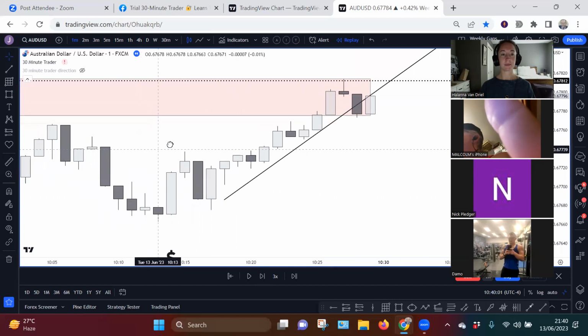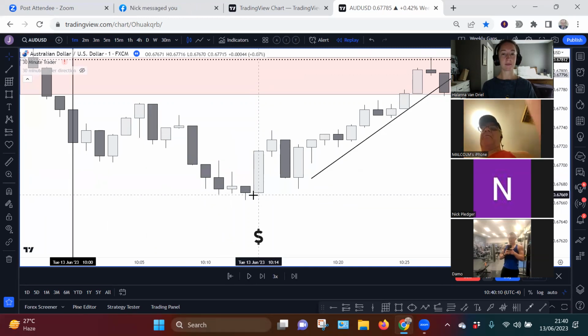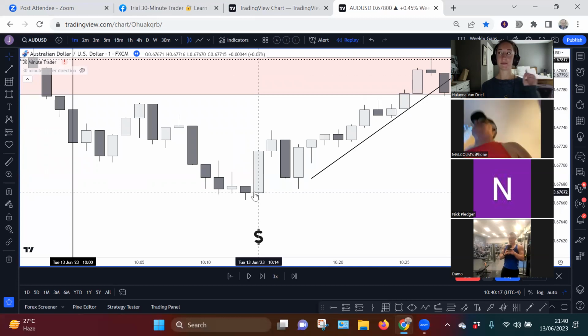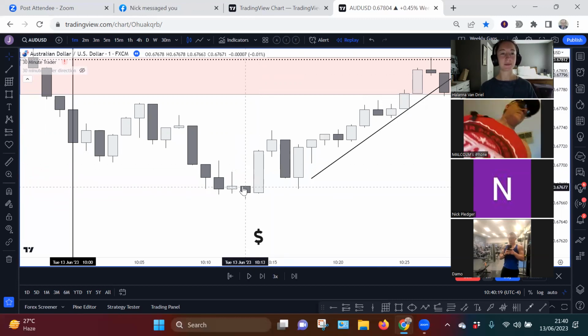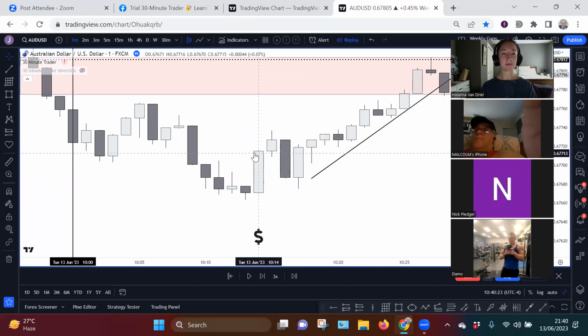Let me look at some candles. When you see this candle here, who wants to know all about candles? Who was it yesterday that said they wanted to know about candles? Maybe they're not here. Do you see how this candle here is so much greater than this one? That's called an engulfing candle.